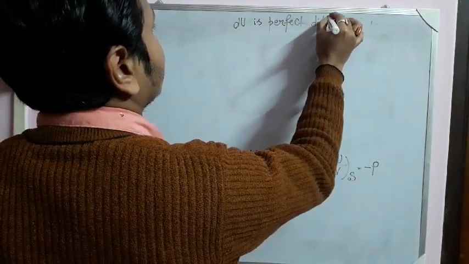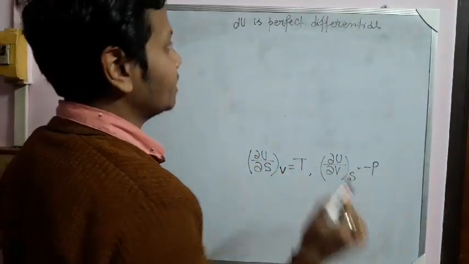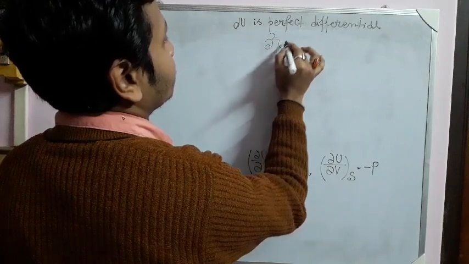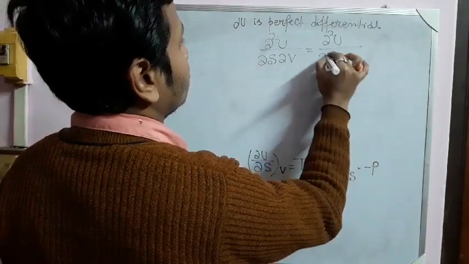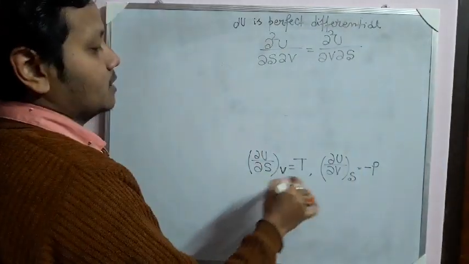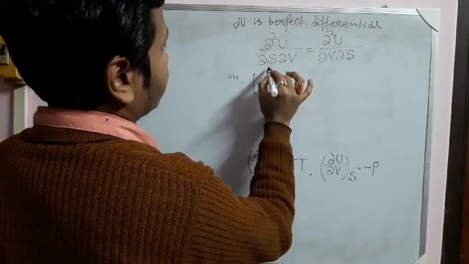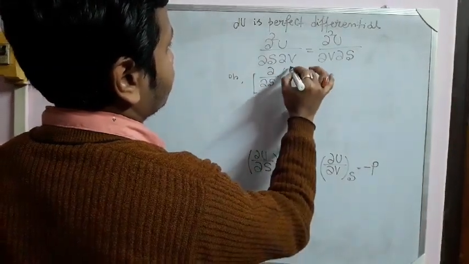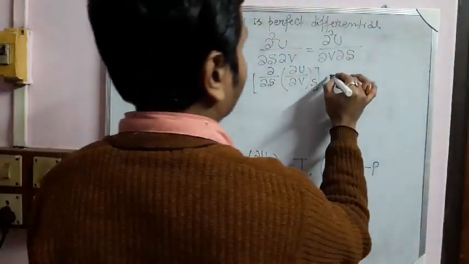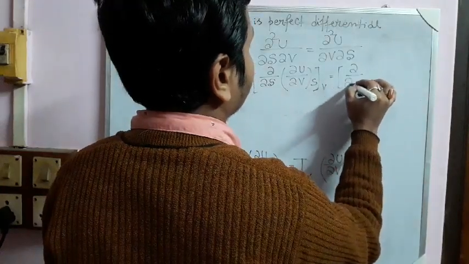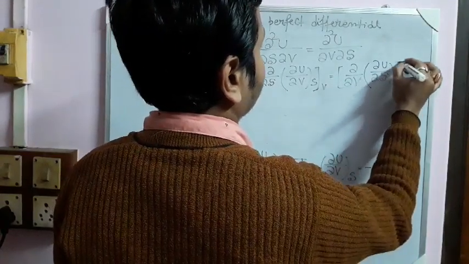Here U is a function of S and V. So the condition of a perfect differential is that del squared U del S del V equals del squared U del V del S. Because U is a function of S and V, this can be written as del del S of (del U del V at constant S), at constant V, and this is simply del del V of (del U del S at constant V), at constant S.